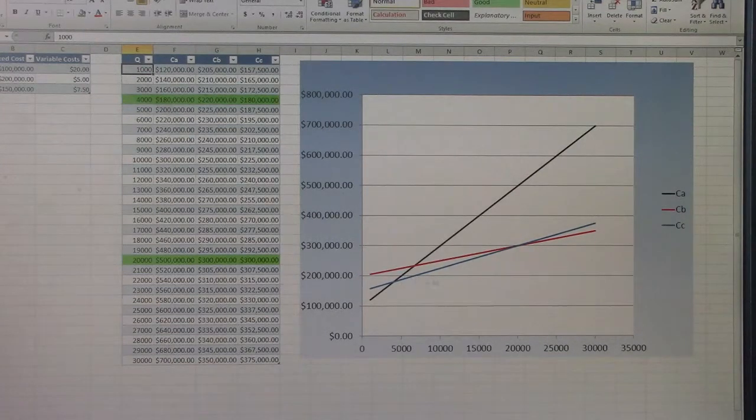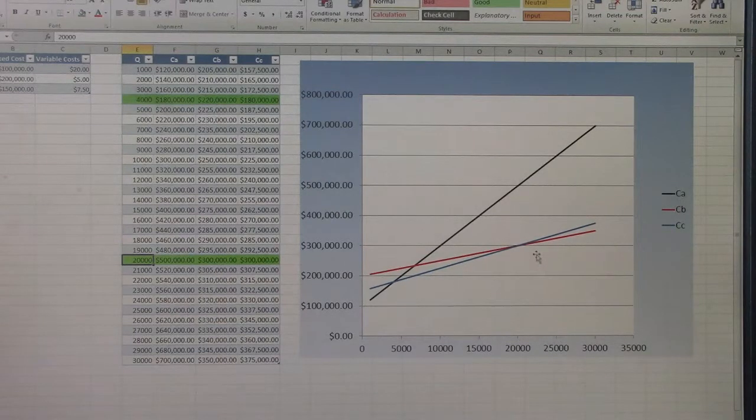So once again I went through my table and found that this point of intersection where alternative B equals alternative C occurs right here at $300,000, and it turns out that that cost is associated with a production of 20,000 units. That means that from 4,000 units to 20,000 units, alternative C is the most feasible because it results in the least cost.